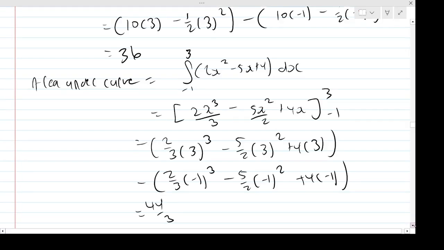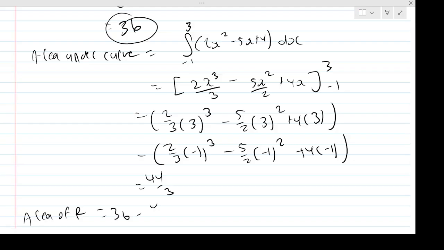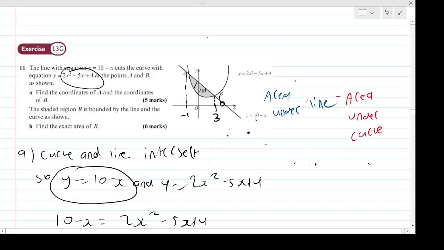Therefore, the area I want, the area of the region R, is the area under the line, which was 36, take away 44 over 3. And so that will get me 64 over 3. And that is the area of R here.